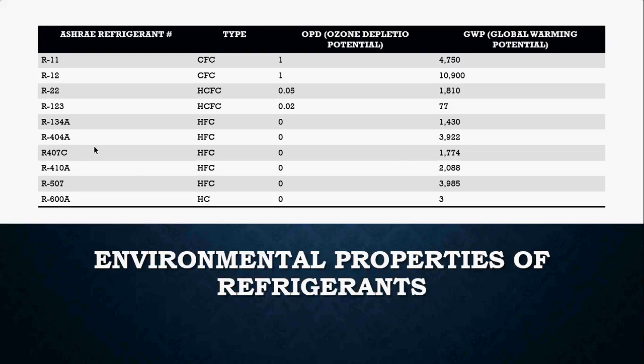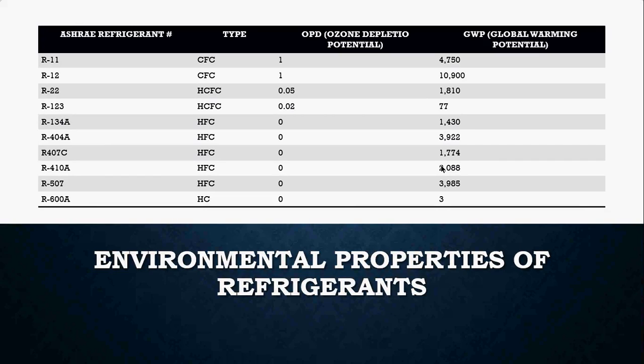These charts give us a breakdown, and if you notice with our R134a, which is an HFC, they take the chlorine out of it. It has an ozone depletion potential of 0, but it still has a global warming potential in the thousands.